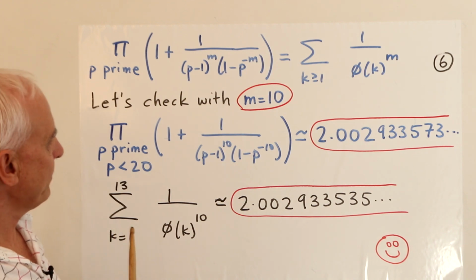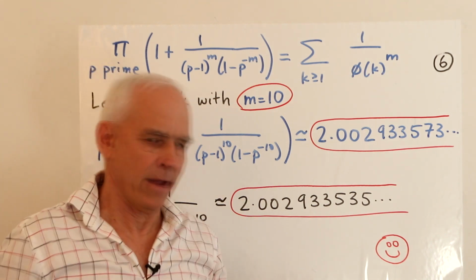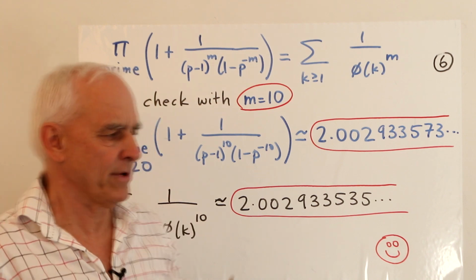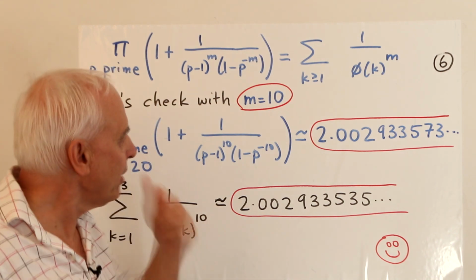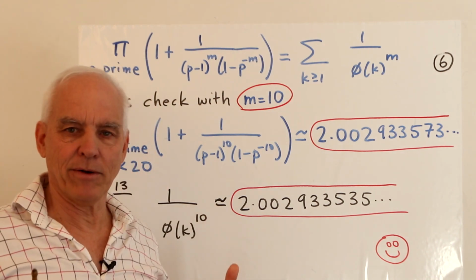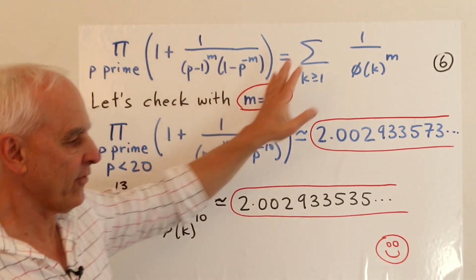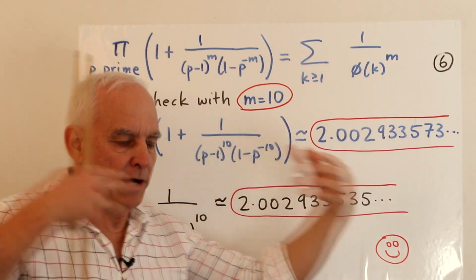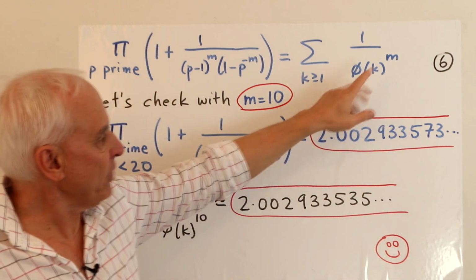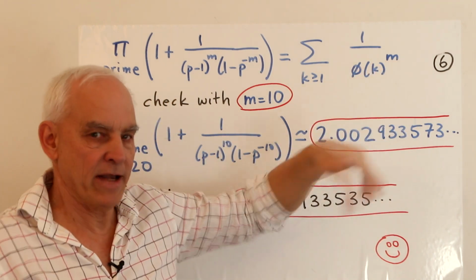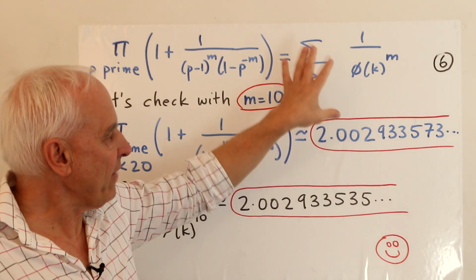Okay, so here I've rewritten the formula so we can admire it. And we should ask, well, is it really true? Can we check it somehow? Well, yes, we can, because here we're taking products and here we're taking sums. Although these are ongoing, the idea is that if we choose some m, which is a natural number, then we have some kind of convergence.